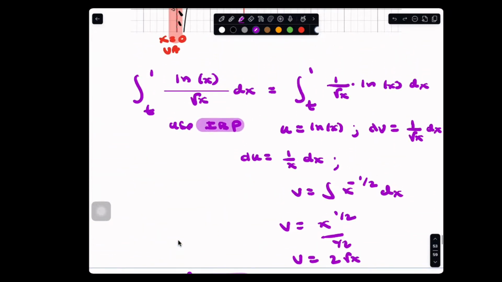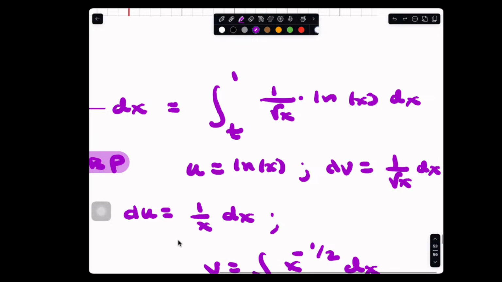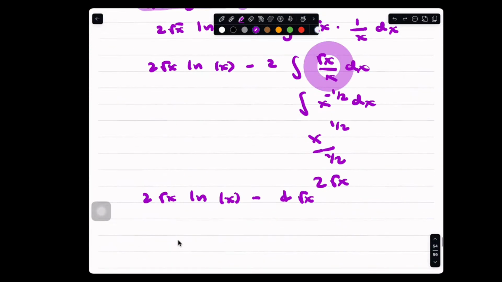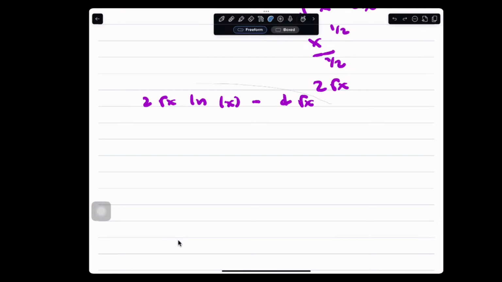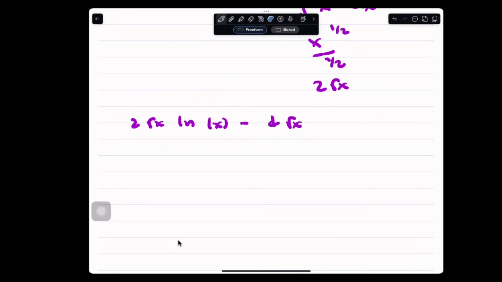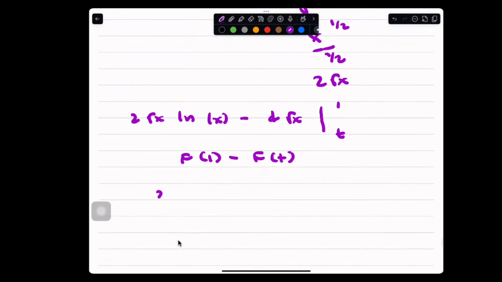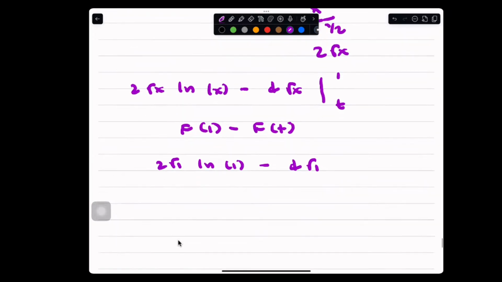So we have to evaluate this again from 1 to t, applying the limits. So we need f of 1 minus f of t, which is 2 square root of 1 natural log 1 minus 4 square root of 1 minus 2 square root of t natural log of t minus 4 square root of t.